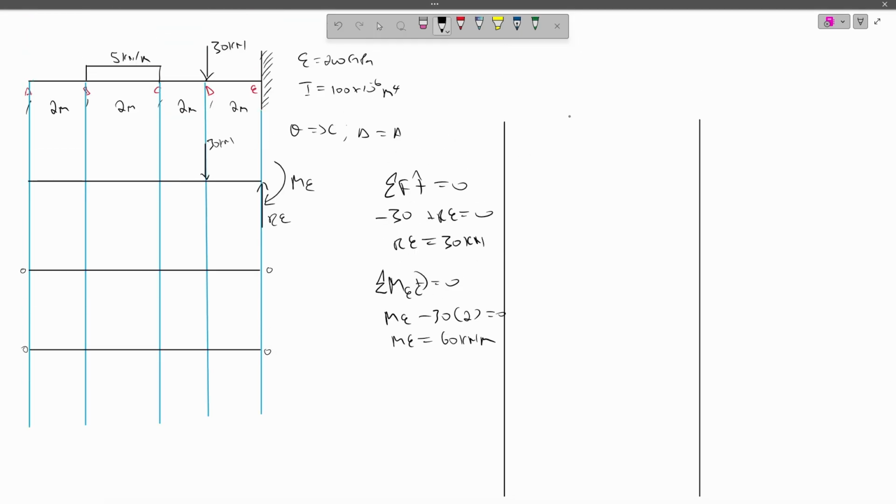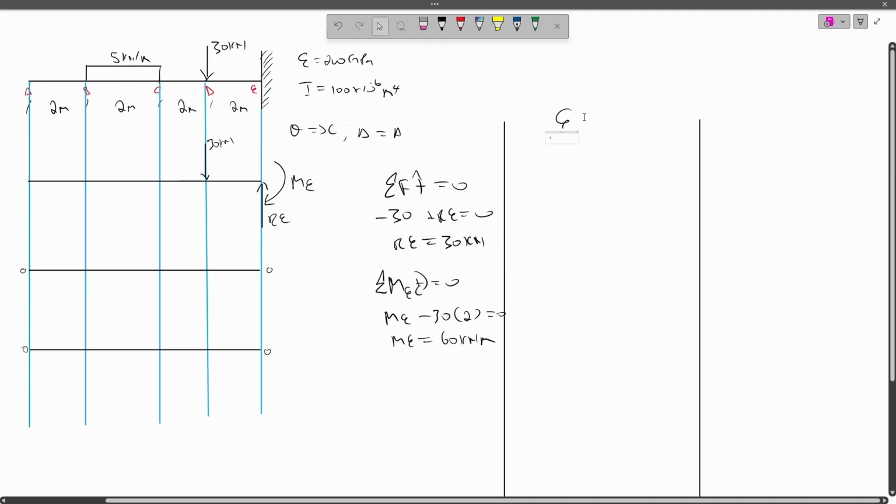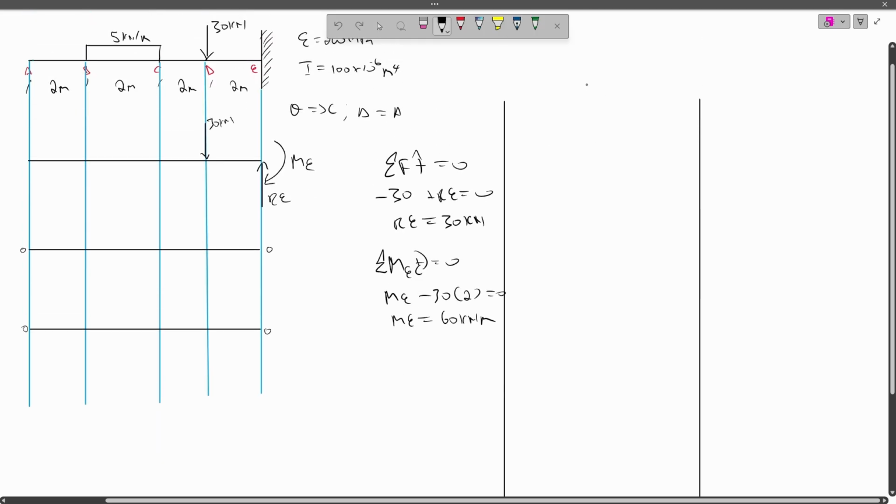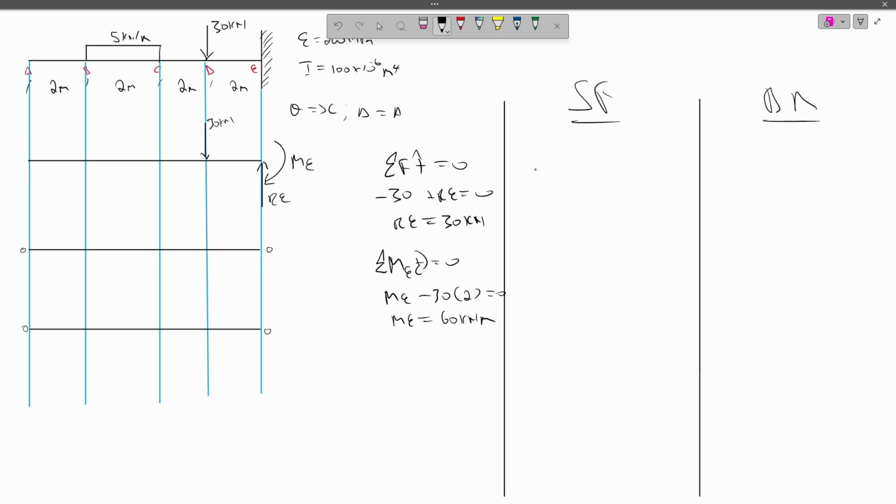We know the shear force from A to D, our A to D left is 0. Then D right is minus 30. E left is minus 30. E right is minus 30 plus 30, which is 0.